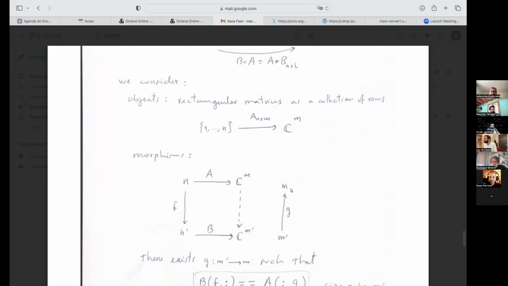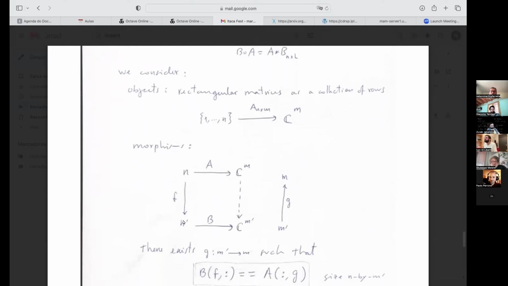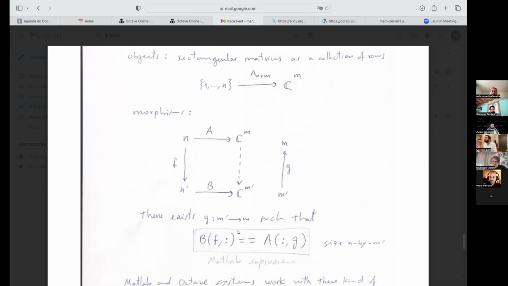And morphisms are just morphisms between ordered sets of linear indexes, but with the property that there exists another morphism, G, such that this condition holds. If you interpret it, this is equivalent to just saying that there exists something here making the diagram commute. But in the language of MATLAB and Octave, B and A are matrices, and F and G are indexing of those matrices.